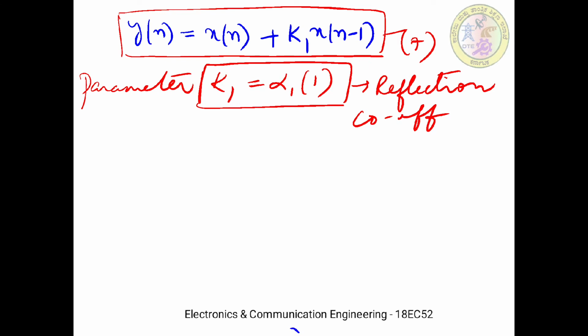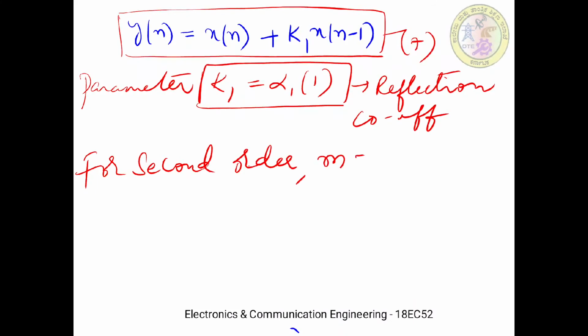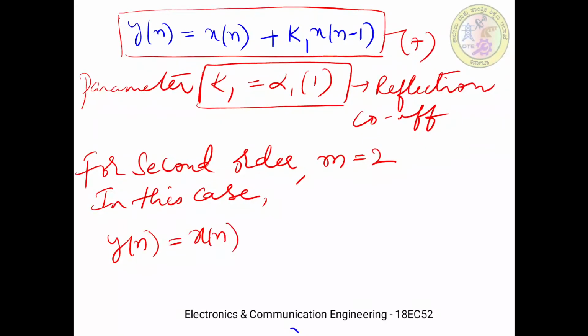So for the second order filter realization, m is equal to 2, and we can now write the y of n equation again. y of n is equal to x of n plus summation k equal to 1 to 2 of alpha m of k into x of n minus k.